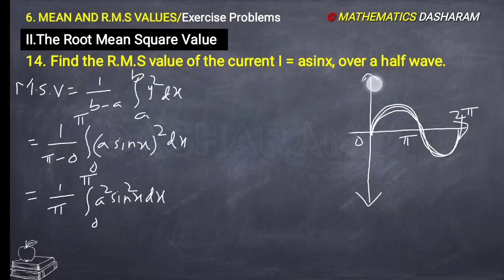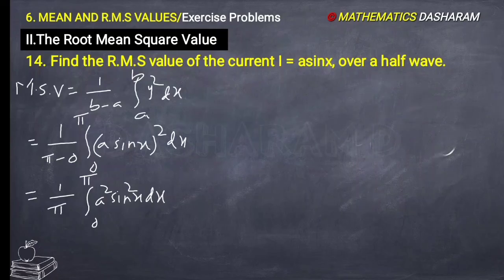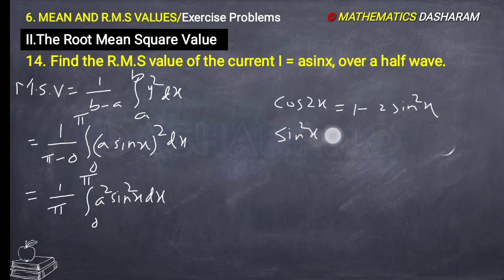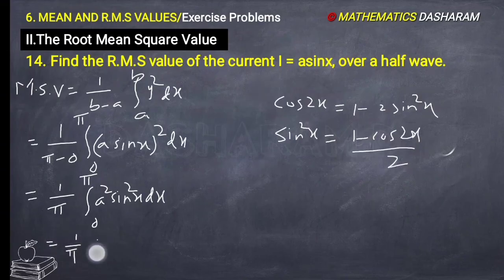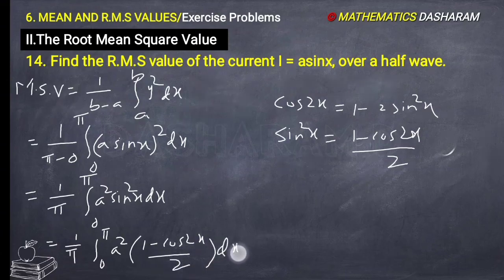But actually cos 2x formula is 1 minus 2 sin square x. So from this, sin square x formula is (1 minus cos 2x) divided by 2. So here 1 by pi integration 0 to pi a square into (1 minus cos 2x) by 2 dx.